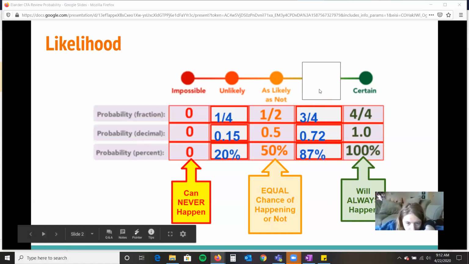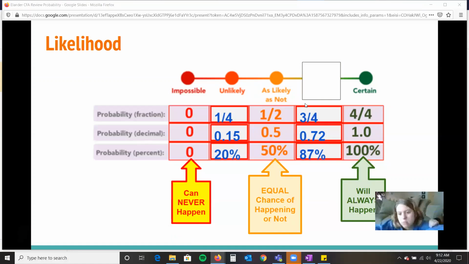Okay, and then what could this other box be? In the chat, I want you to write what you think this last box is. Ready, go.